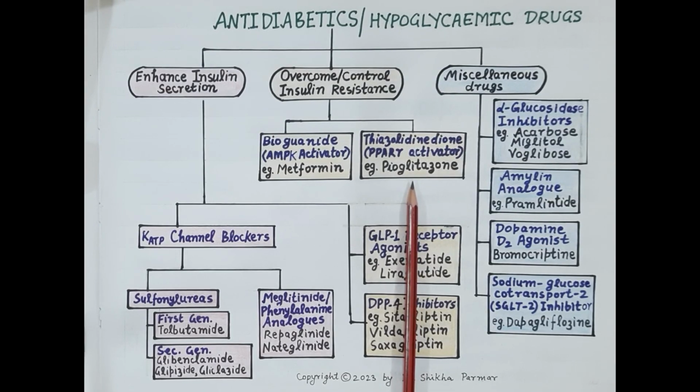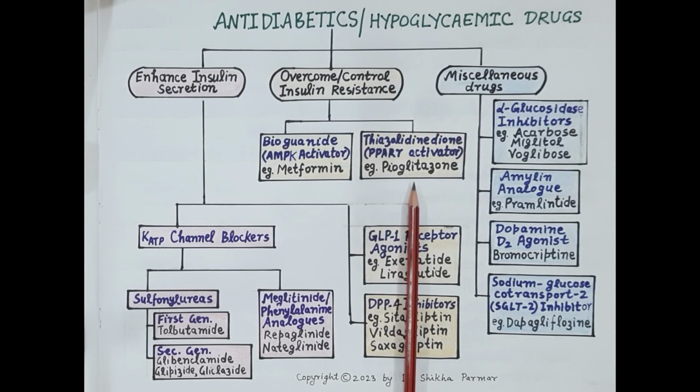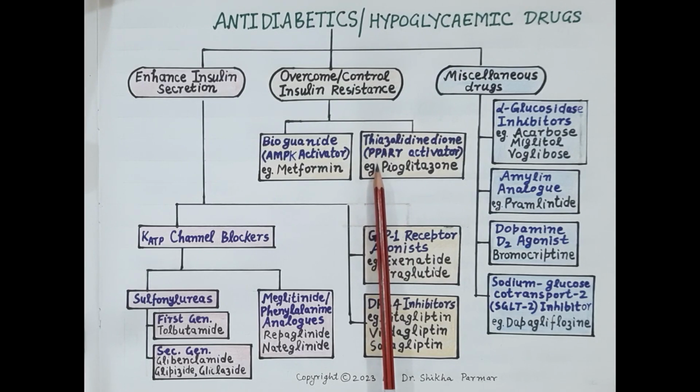It acts on nuclear receptors, that is the receptor present on the nucleus. It is a selective agonist of nuclear peroxisome proliferator activated receptor gamma, in short PPAR gamma. And pioglitazone is used as a second or third line therapy in the management of type 2 diabetes mellitus.